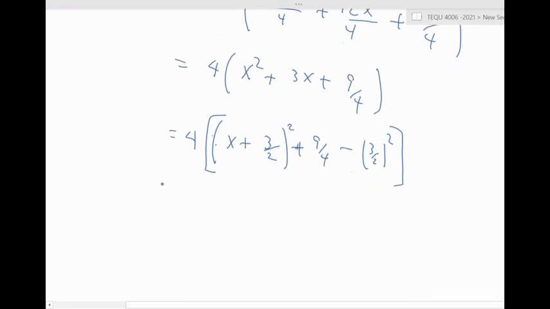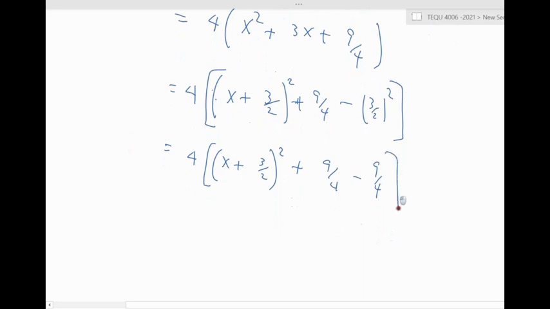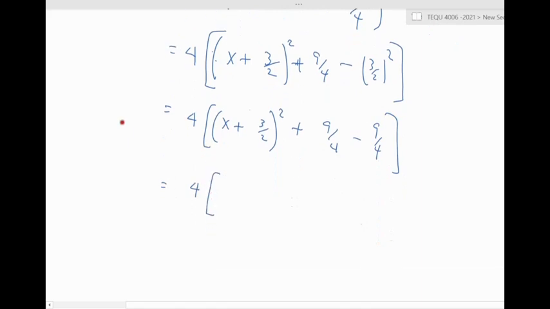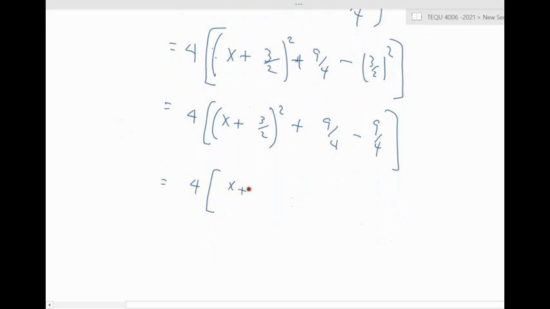So the final result of this would be 4 times (x plus 3 and a half, 1.5) squared, plus, now let's work the math here. That would be 9 over 4 minus 3 squared, that would be 9, and 2 squared, that would be 4. This is very interesting because this problem will end up like this: 4, let's keep the bracket for a second, I still have (x plus 3 over 2) squared, but here plus 0.